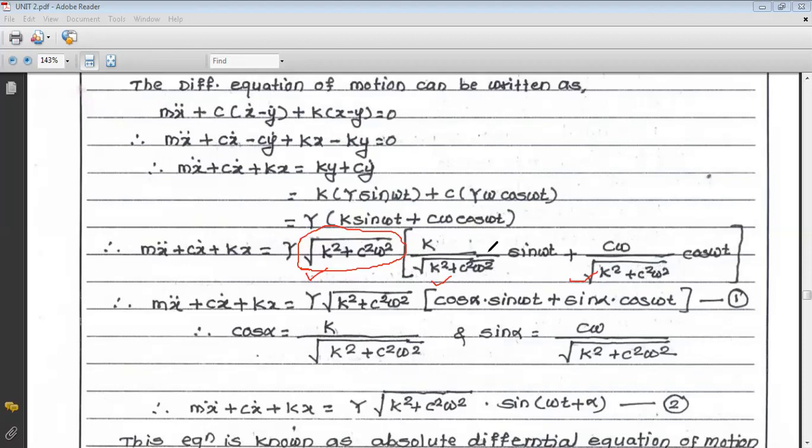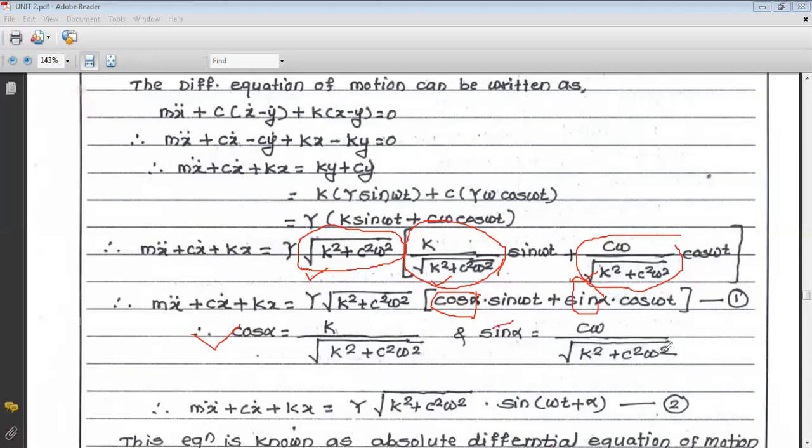Now we put k upon square root of k square plus c square omega square as cos alpha, and c omega upon square root of k square plus c square omega square as sin alpha.